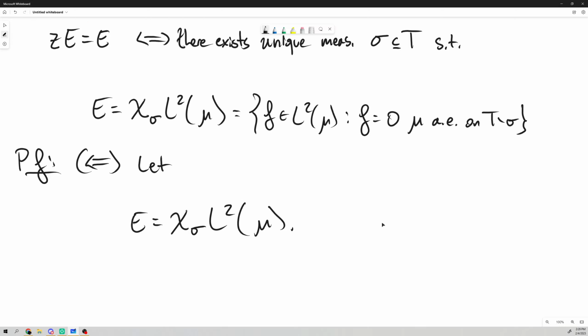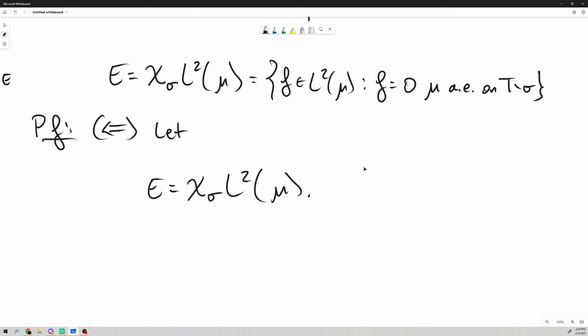Look at the representation of the set. Let's start with, is it true that zE is a subset of E? So if I pick out an element f of this set, f is going to be 0 almost everywhere on T minus sigma. If I just do zf, obviously then zf is going to be the point-wise multiplication.